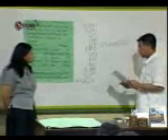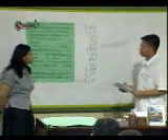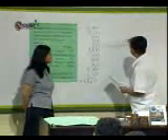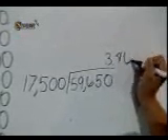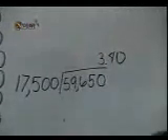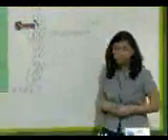The answer to the problem is 3.40 as the average cost per mile to own and operate the car. Okay. Very good. Sit down now. Thank you. Okay. So you have the answer here, 3.40.